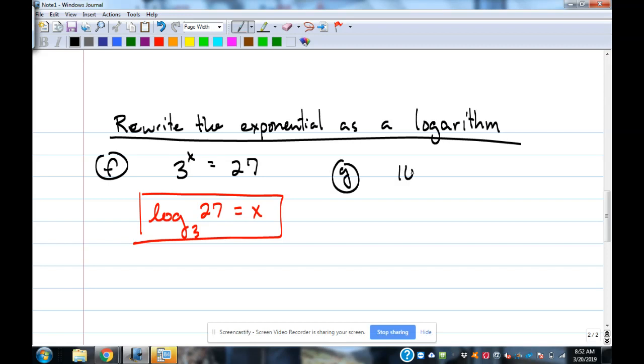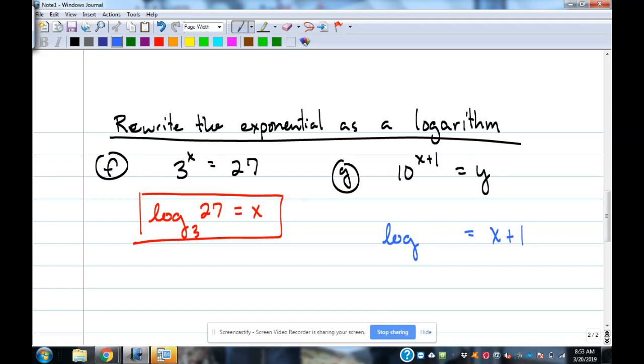Here we have 10 to the x plus 1 is equal to y. Rewriting that as a logarithm, I know it's equal to the exponent, so that's the x plus 1.